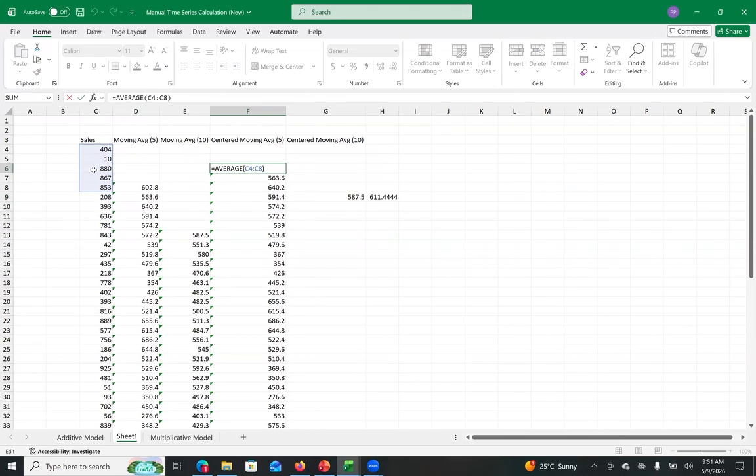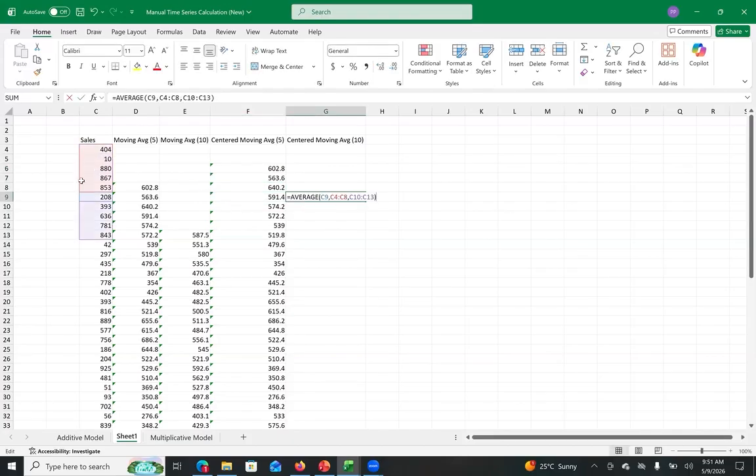For centered moving average of 10, it is going to be either five values from past, the current value, and four values from future. Sorry, this should be four values here, not C6 but C5: four values from past, one current value, and five values from future.